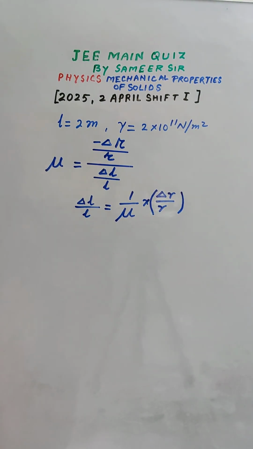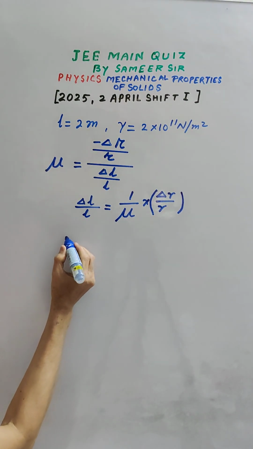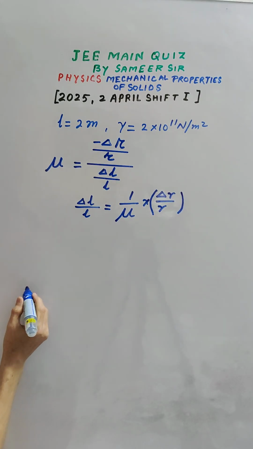Substituting the values, delta L upon L is given.